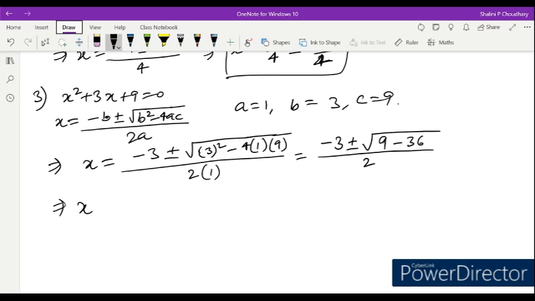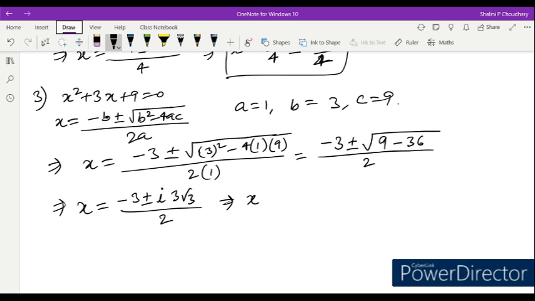So x का value will get minus 3 plus minus, 9 minus 36 will be equal to minus 27. So square root of minus 1 will be i and 27 का square root will be 3 root 3. Okay, divided by 2.